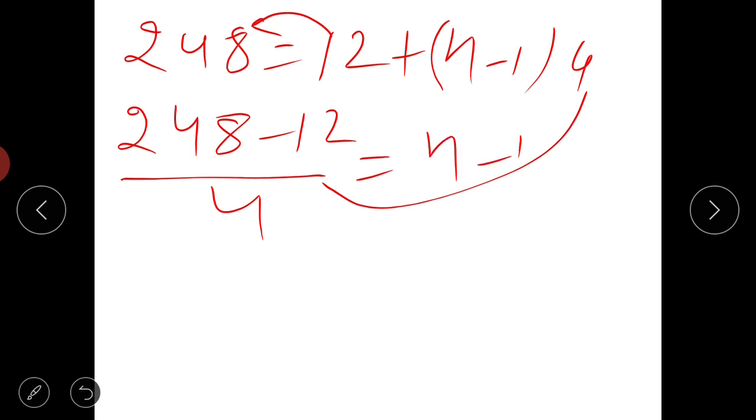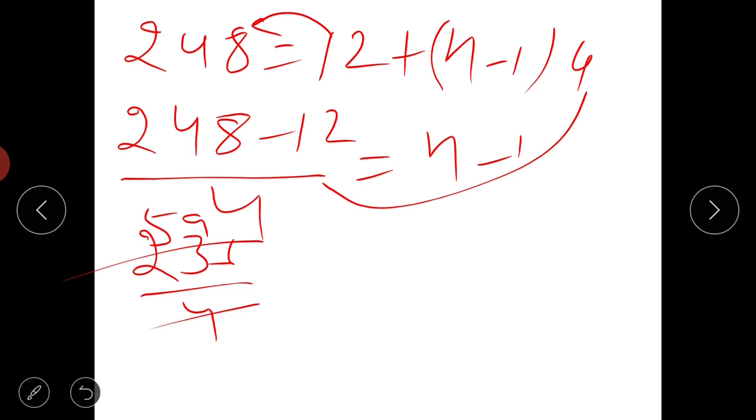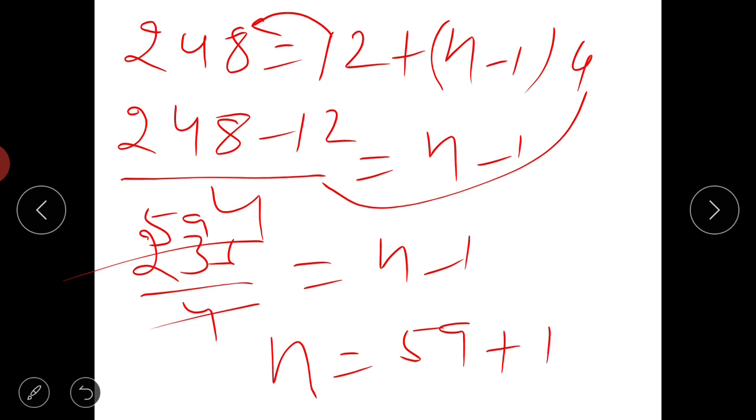Then n is equal to 59 plus 1, which equals 60. So the number of multiples of 4 is 60.